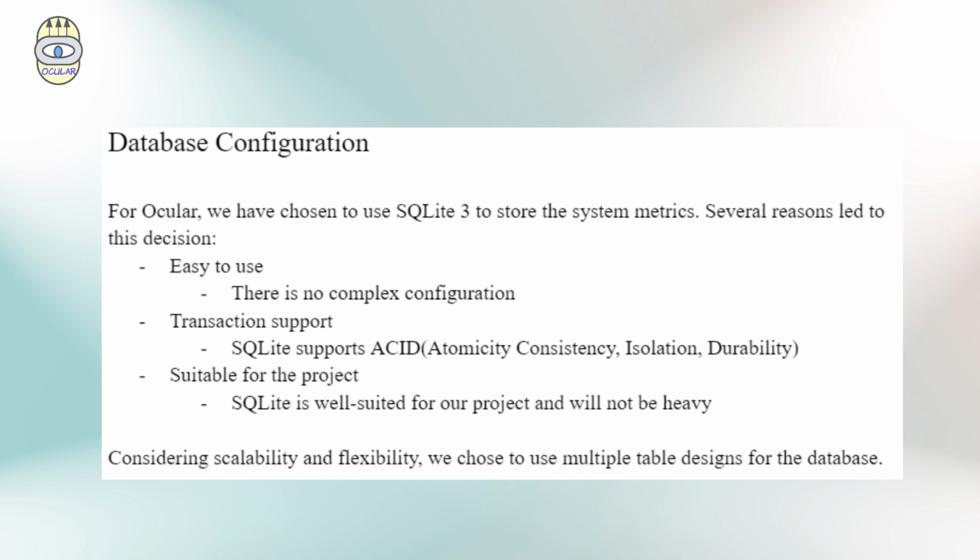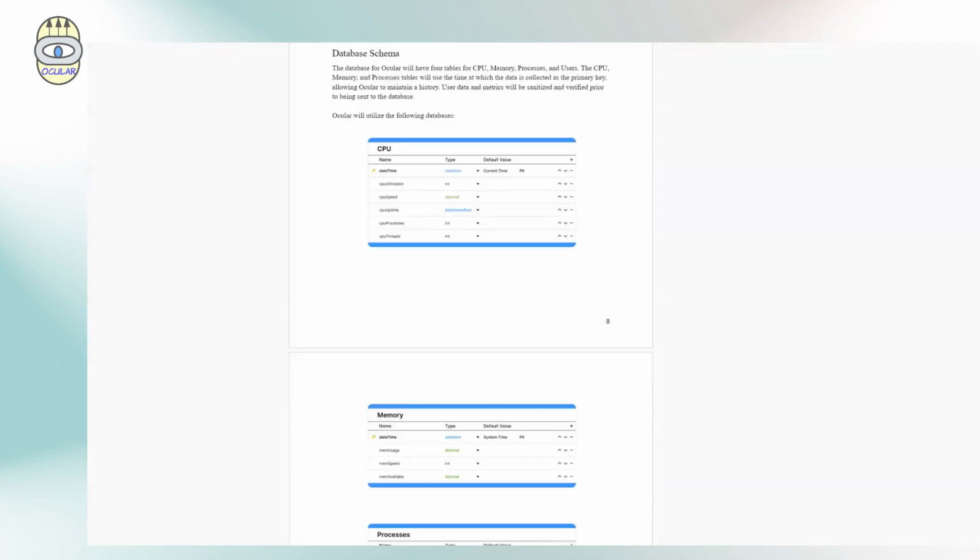Considering scalability and flexibility, we chose to use multiple tables for our database. This allows us to organize the data by device type. Next, let's talk about Ocular's database schema.